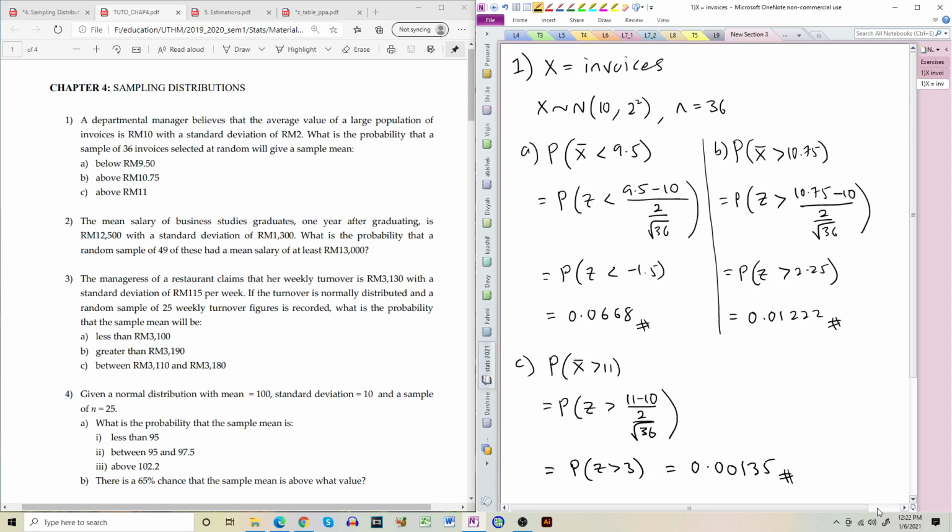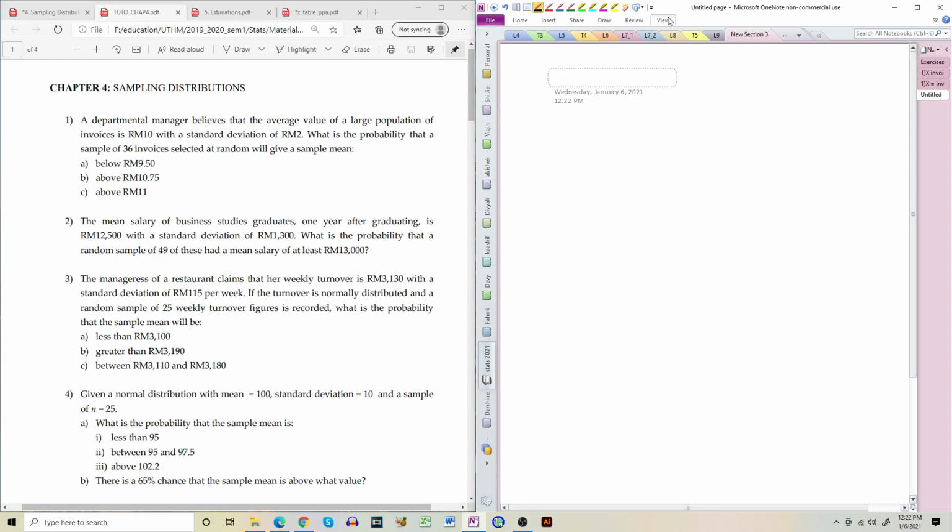The second question, the mean salary of business studies graduates 1 year after graduating is, so X is salary, and standard deviation is, what is the probability that a random sample n is 49 has a mean salary of at least.